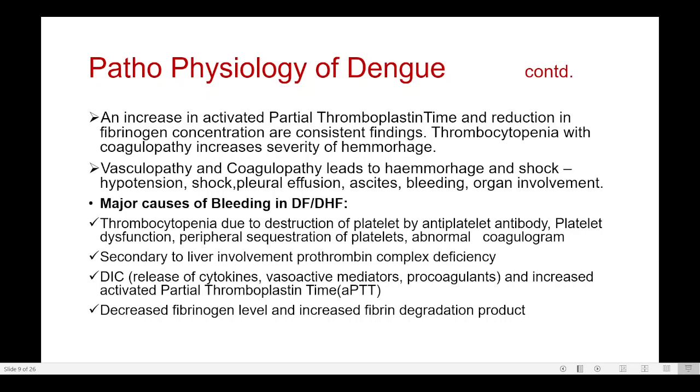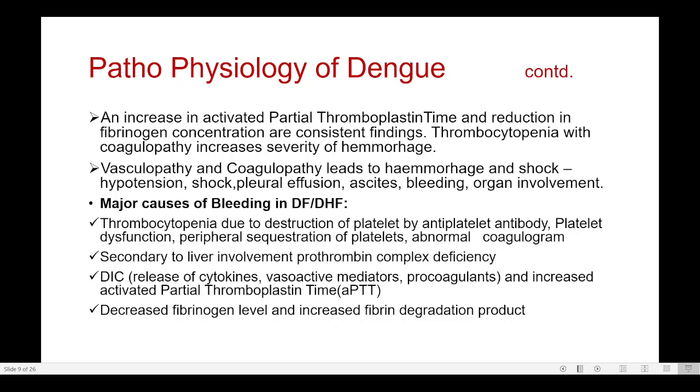So the major causes of bleeding in dengue fever or dengue hemorrhagic fever are thrombocytopenia, either due to destruction of platelets by antiplatelet antibody, platelet dysfunction, peripheral sequestration of platelets, or abnormal coagulogram. Or it may be secondary to liver involvement resulting in deficiency of prothrombin complex.